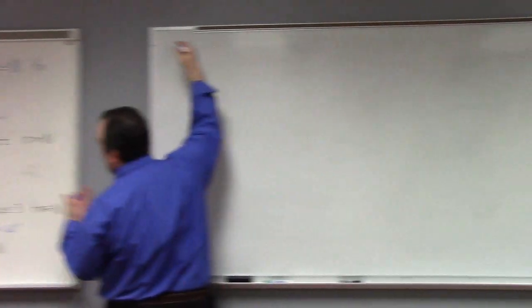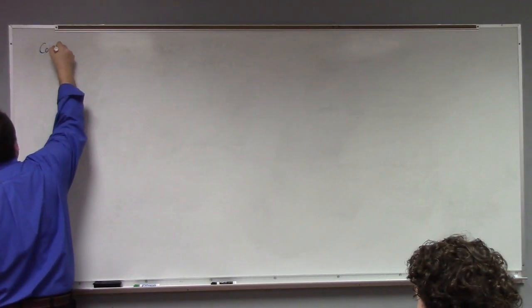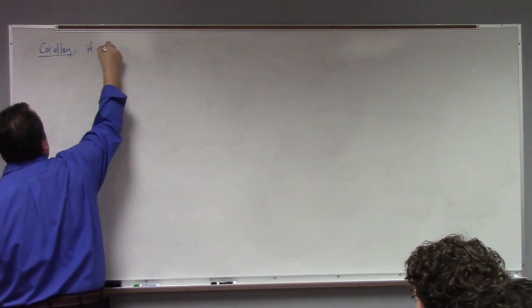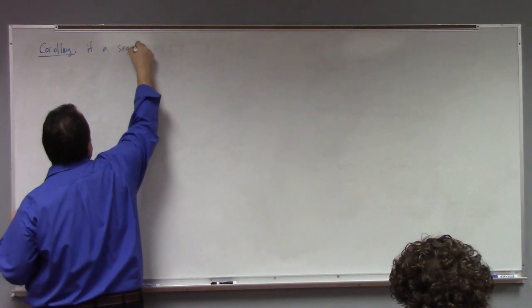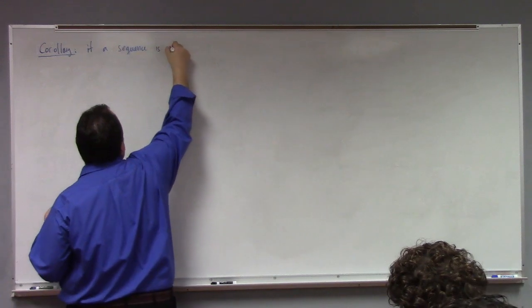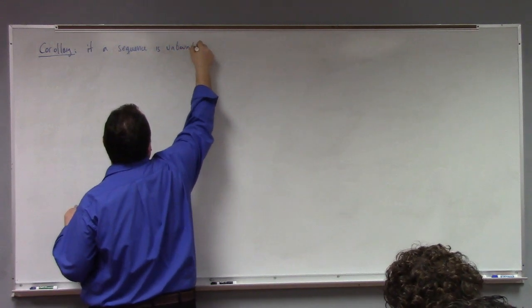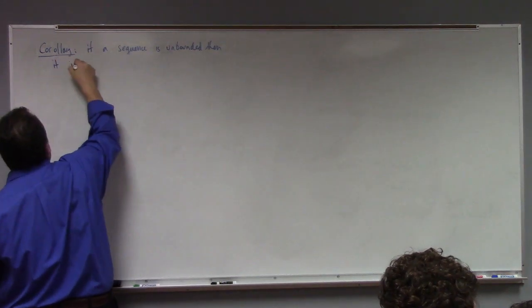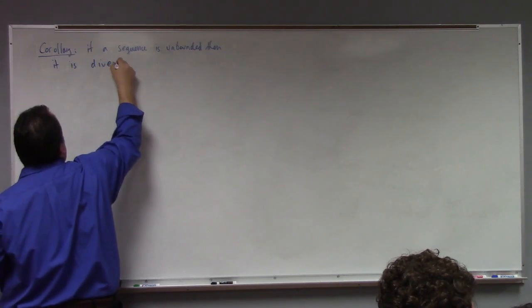So corollary to this: if a sequence is unbounded, then it is divergent.